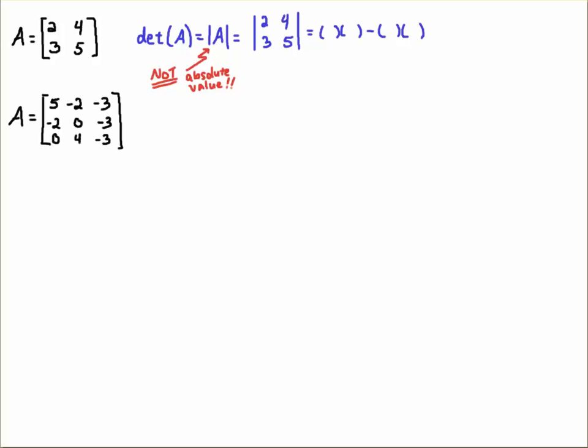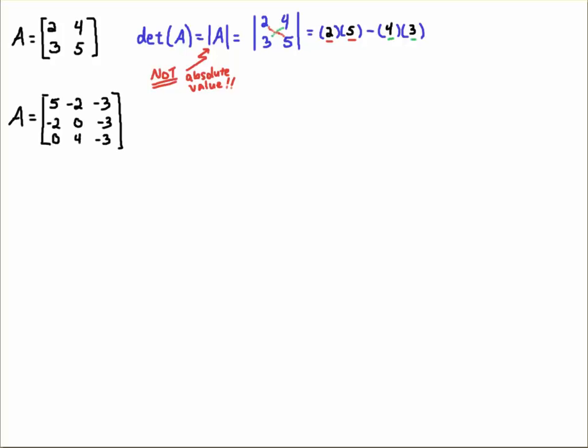So to compute the determinant of a 2 by 2 matrix, we're going to perform the following operation. It's going to look a bit like a dot product, but it's not quite that. What we're going to do is take 2 times 5, going diagonally down this way, and then subtract when we go this way, 4 times 3. Some people visualize that as 2 times 5 in that direction, and that's positive.